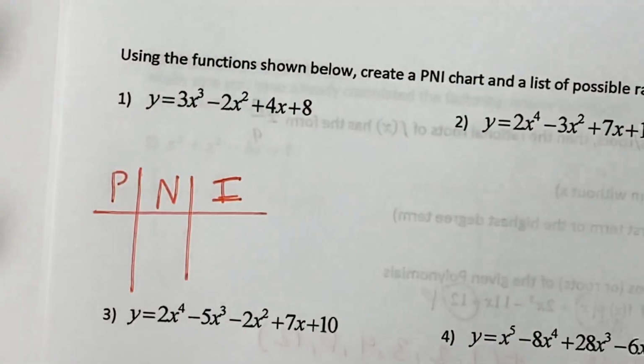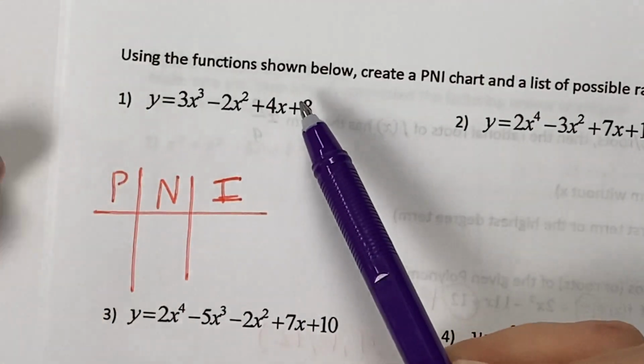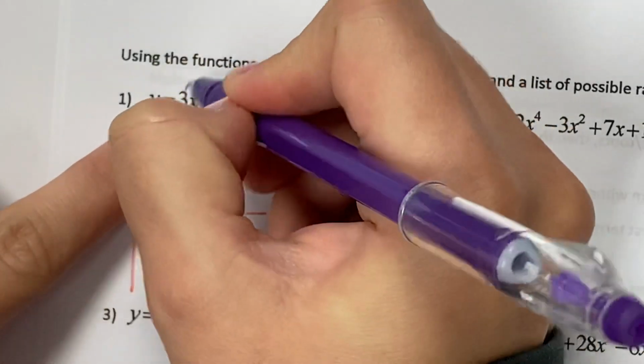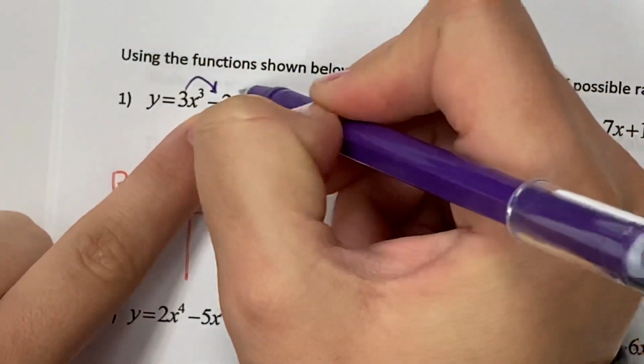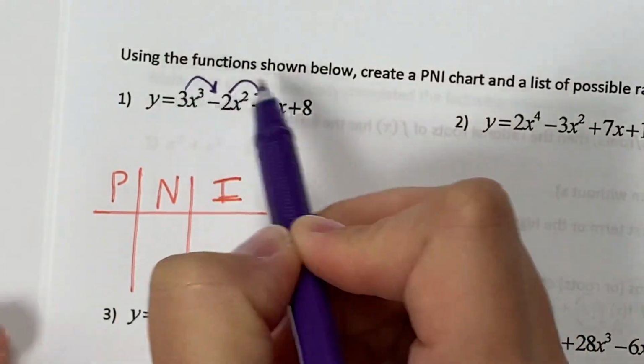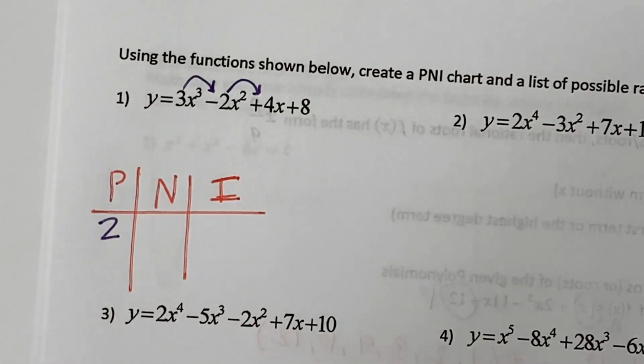First, the way you get how many positives is you take the equation that you're given and count how many times the sign changes. So I'm going to count positive to negative, negative to positive, positive to positive, that didn't change. So since it changed twice, I'm going to put a 2 in the positive column.